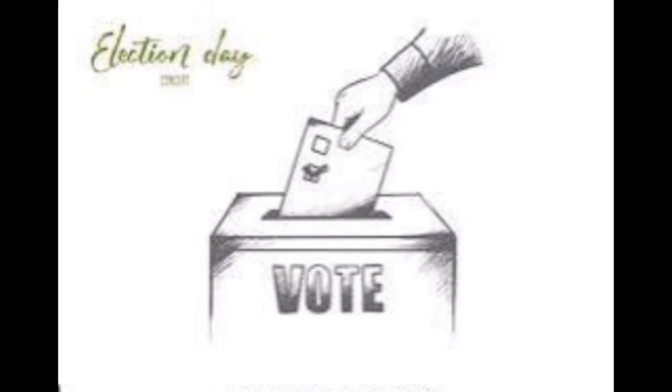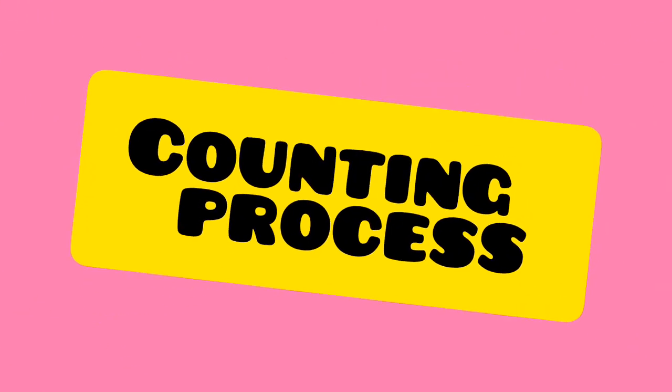After casting their vote, voters' fingers are marked with indelible ink to prevent them from voting again. This ink mark serves as proof that the voter has cast their vote. Overall, the voting process in India is designed to be simple, transparent, and accessible to all eligible voters, ensuring that every voter counts in the democratic process.